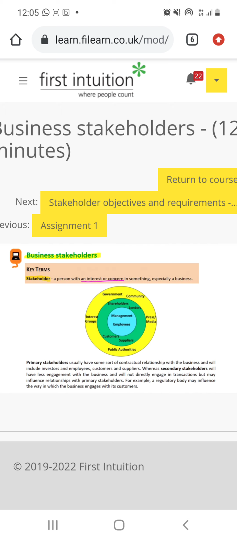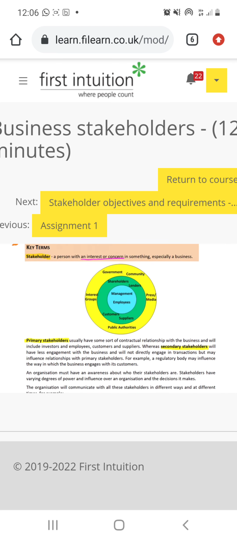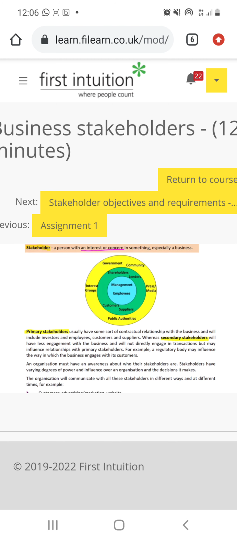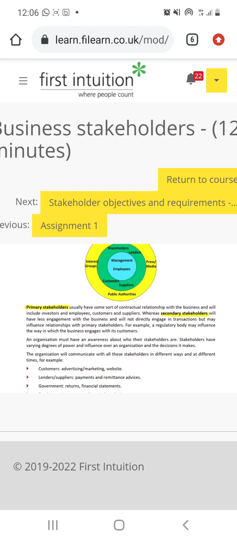We can classify our stakeholders into two distinct groups. We have our primary stakeholders and we have secondary stakeholders. Looking at our primary stakeholders, first of all, they usually have some sort of contractual relationship with the business, and they may include investors.